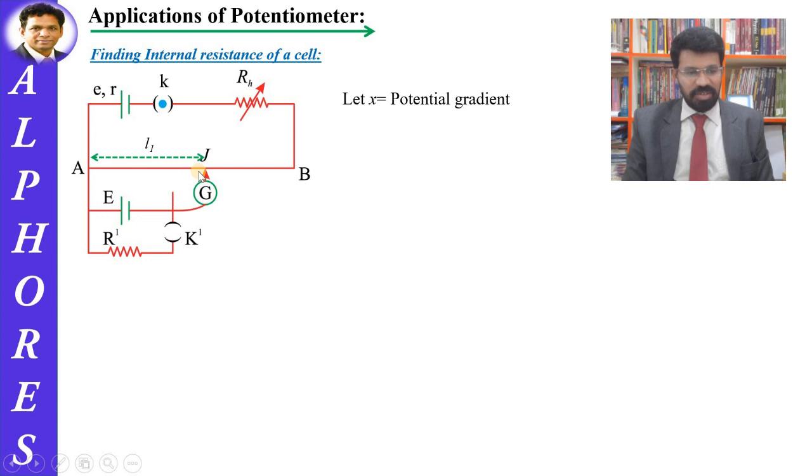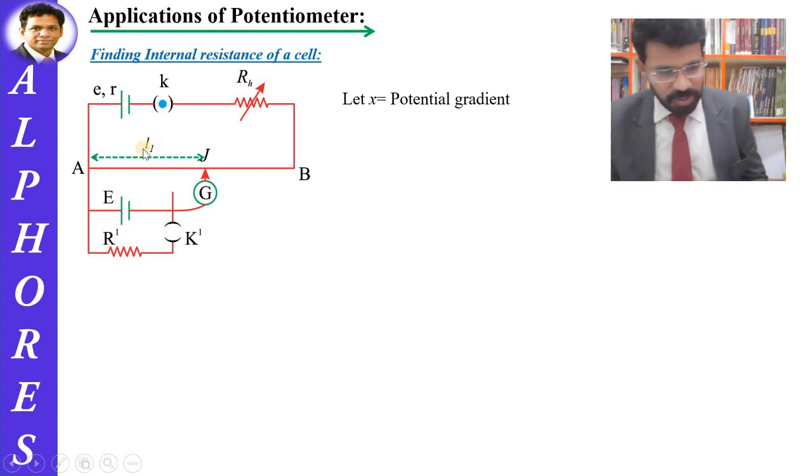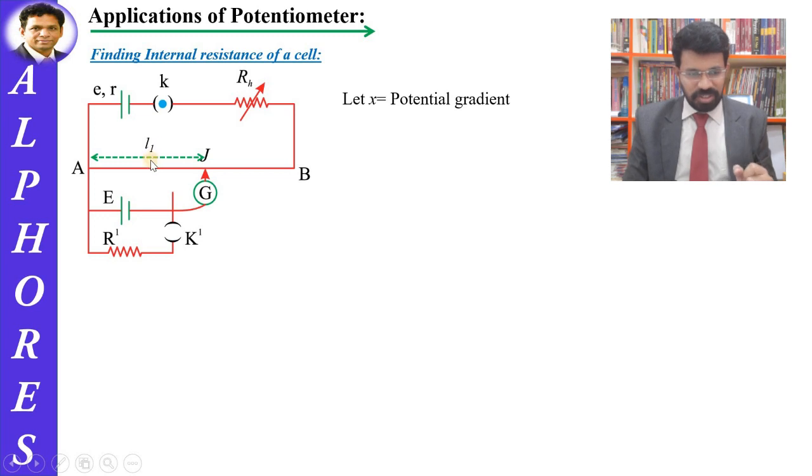Previously we discussed that if two cells are connected, with the positive terminal of one connected to the positive terminal of the other, and the negative terminal of one connected to the negative terminal of the other, and both have the same EMF, the current flow is 0. Similarly here, if the potential difference across this length L1 is exactly equal to the EMF of this cell, then there won't be any current through this branch. So this particular length L1 is called the balancing length. Now the question is, how much is the potential difference across this length L1?